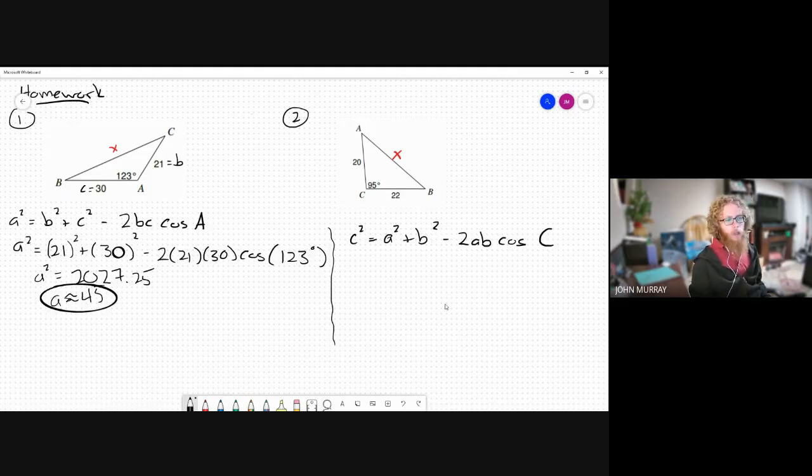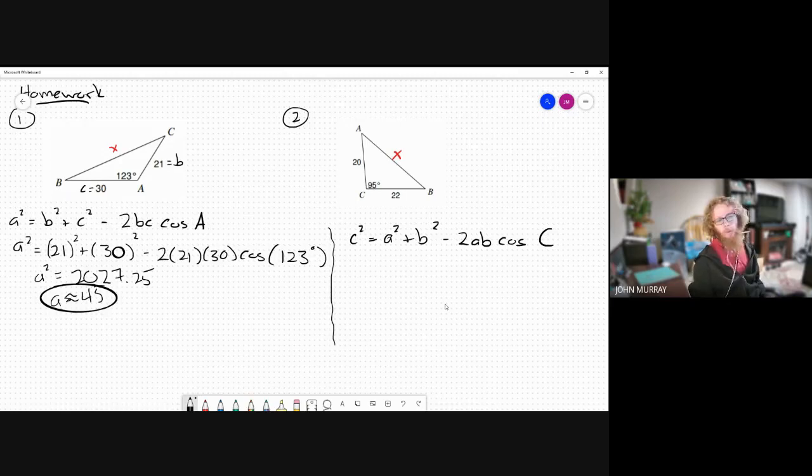Now, one thing I do want to say, too, if by chance you mix these up, so if I accidentally called this side b and this side a, although I might mark it down and note, say, oh, be careful. In this case, it doesn't really matter because here you're squaring them and adding them. So it could be in any order here.